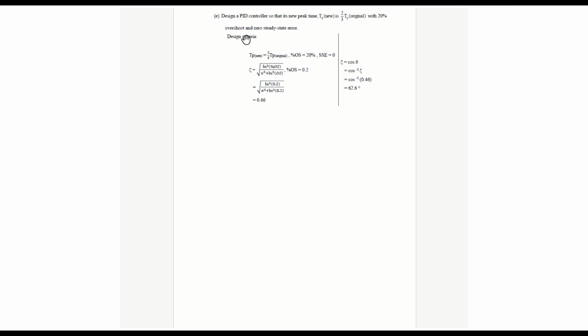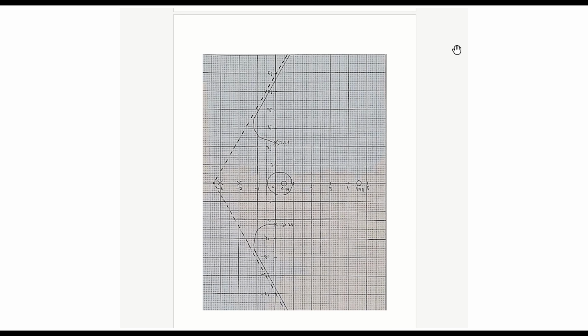Okay, now here for system 3. Again, here is the design requirement needed to be met, and from this design requirement, we first must know the value of damping ratio needed, and then we must know the angle of the damping ratio, and then after we obtain that, we draw the line of the damping ratio out to our root locus.